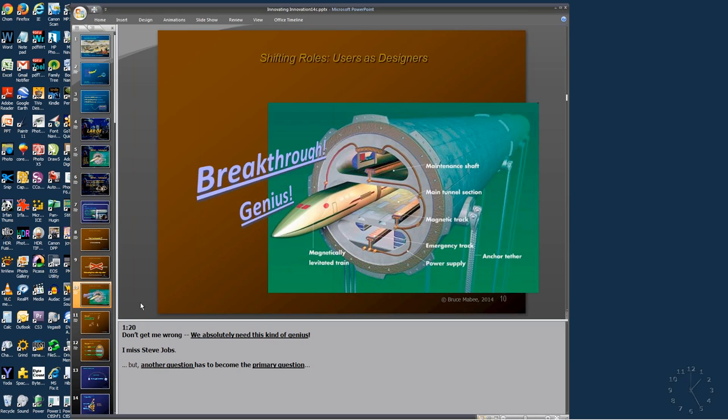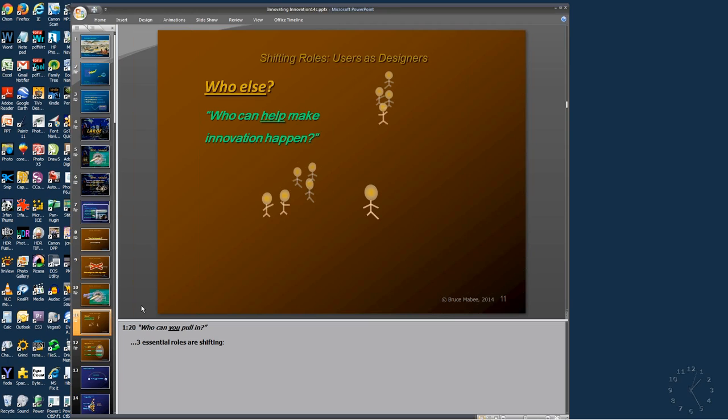So that's where I'm going to go with this. It's the who else question. And this is a question not of who is the big innovator, but who helps make the innovation happen. I'm just about to put up 3 roles that I have found essential.